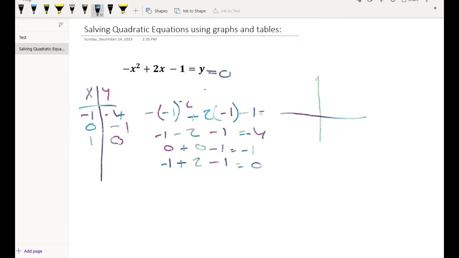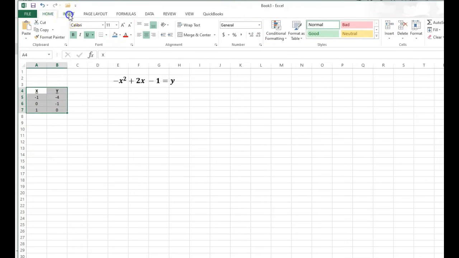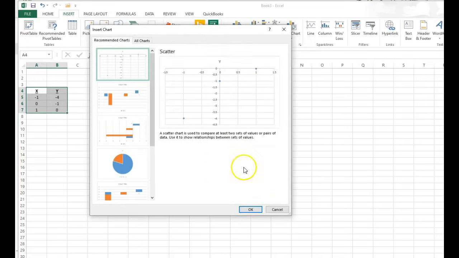Okay, I'm going to stop right here and plot these three numbers and see what the curve looks like. I already put the numbers here, and then you say insert, recommended chart.